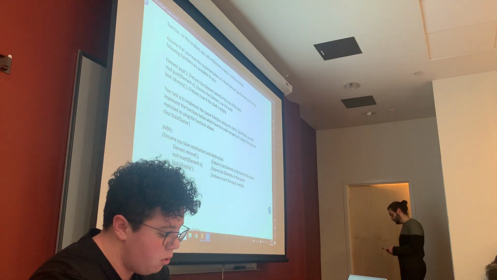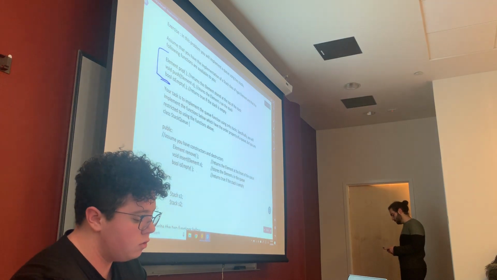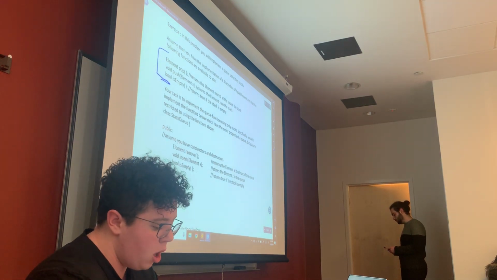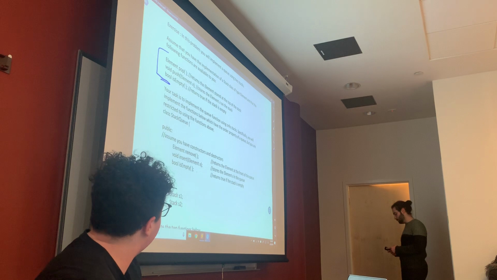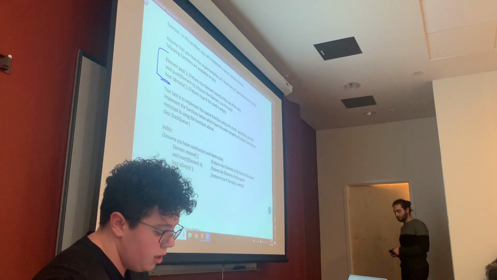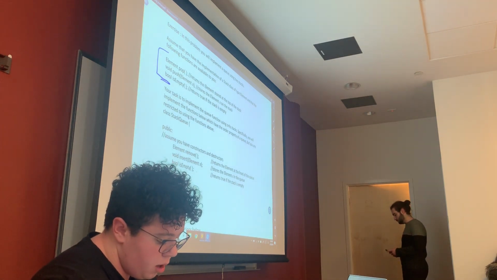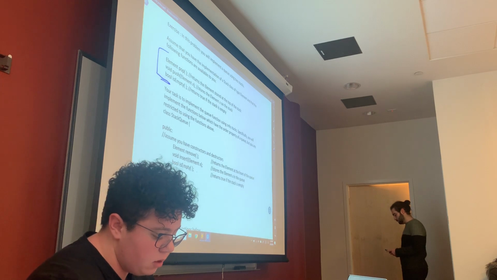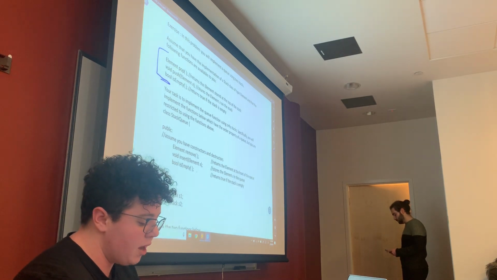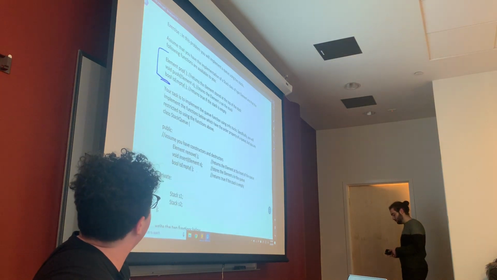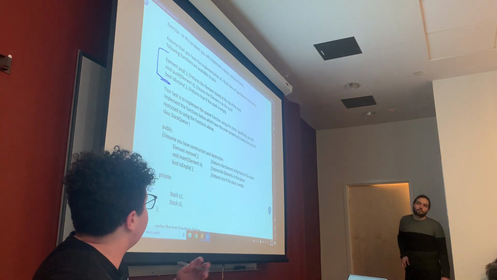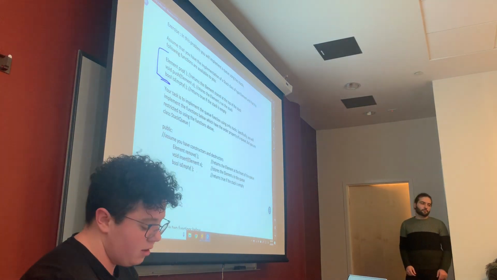For this example, we have these three functions for a stack: pop, push, and isEmpty. Those should be pretty self-explanatory given what we just went over. Basically, we want to create a queue class using the stacks.